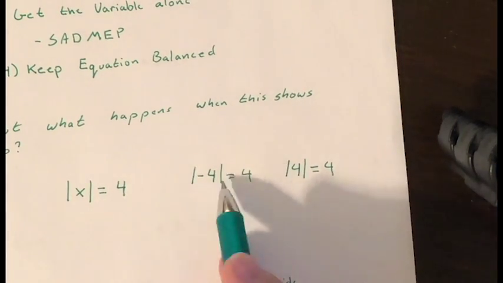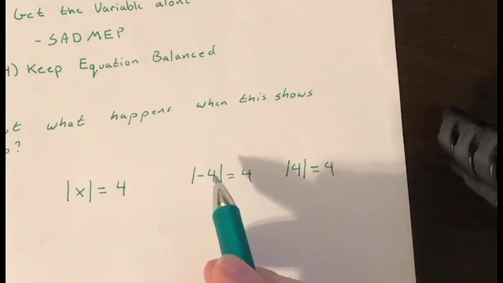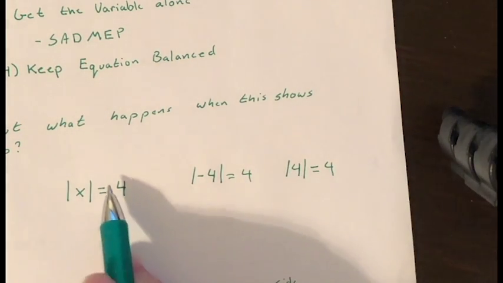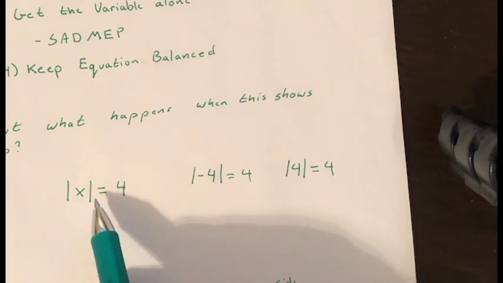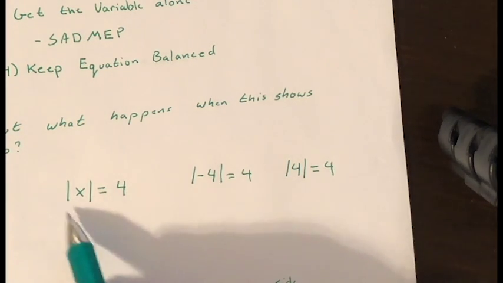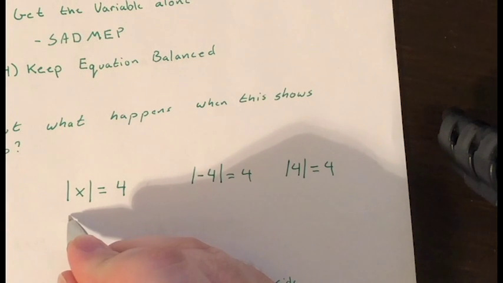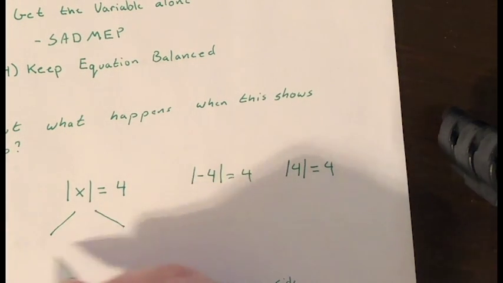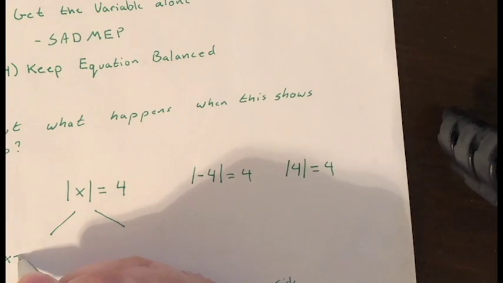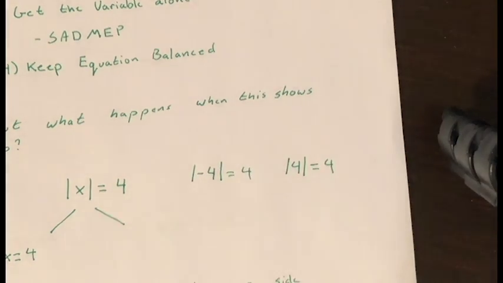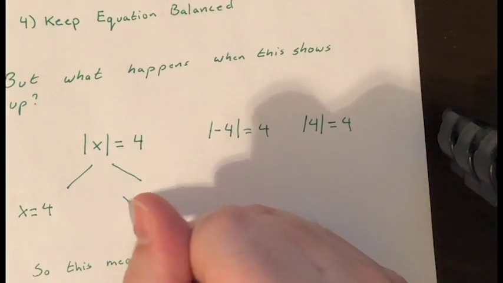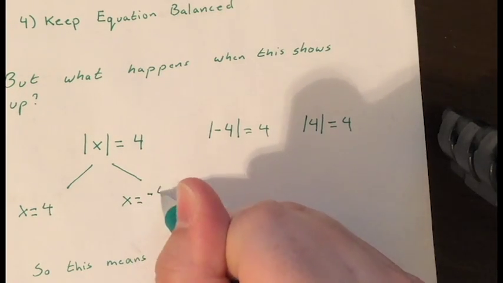So how does knowing this information from 7th grade help me with this? Well, it simply means that I can split this equation up into 2 pieces. I can split it up into x is equal to 4, or I can split it up to x is equal to -4.